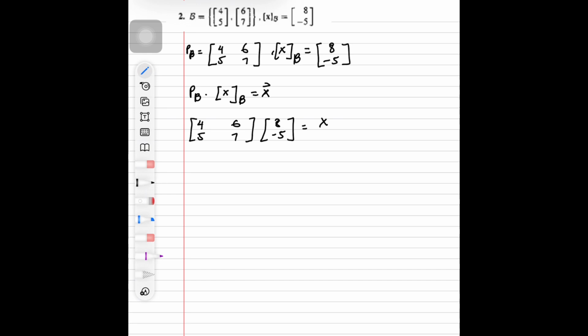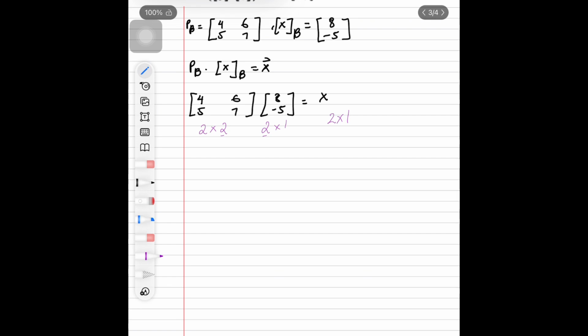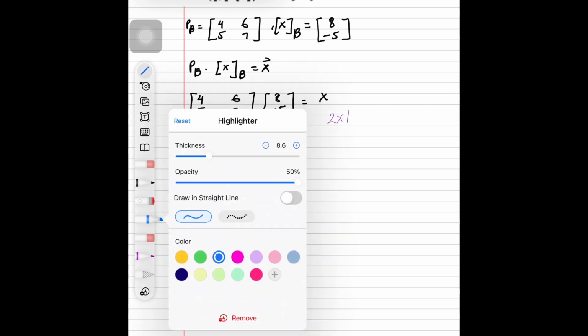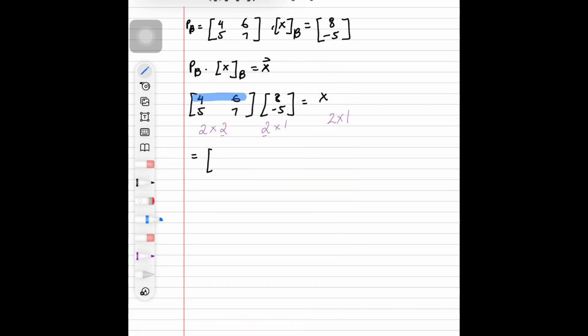Let's verify. This is 2 cross 2, and this is 2 rows, 1 column. These match, so x will be 2 cross 1. So let's multiply this times this: 4 times 8 plus 6 times negative 5.